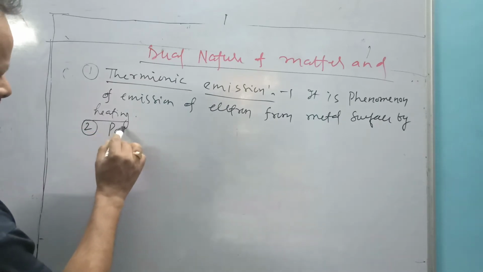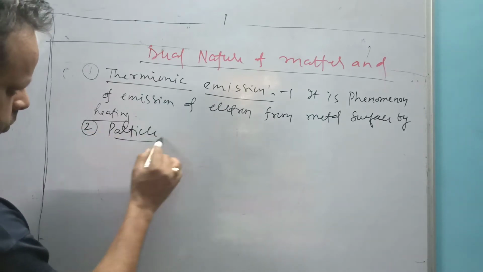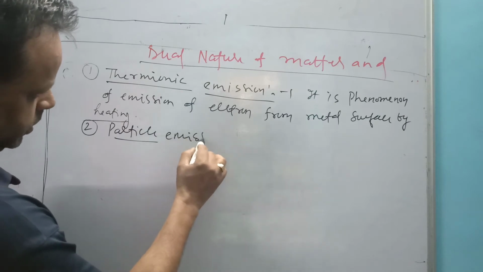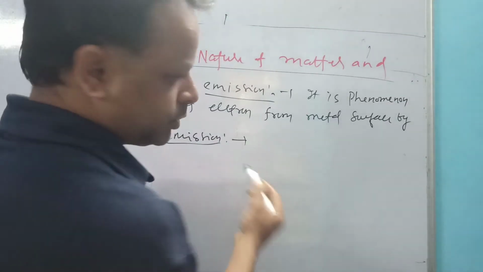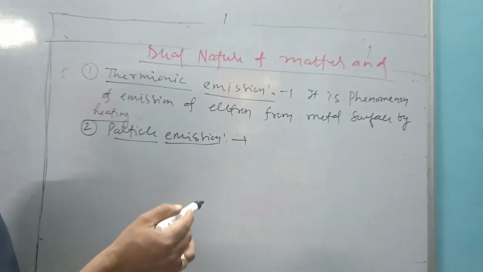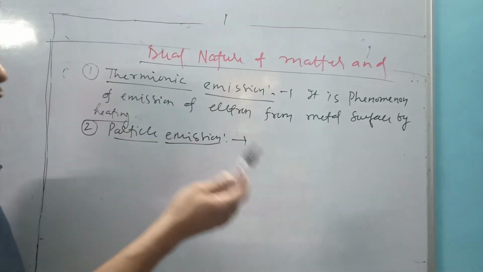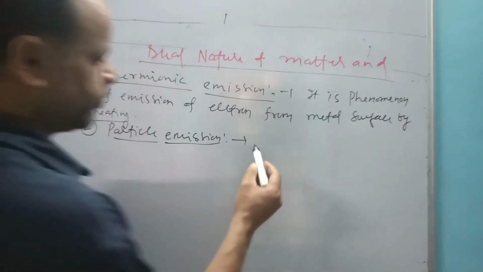Then we have particle emission. What is that? See, in particle emission a fast moving particle will strike the metal surface and will transfer energy and remove electron from the metal surface.